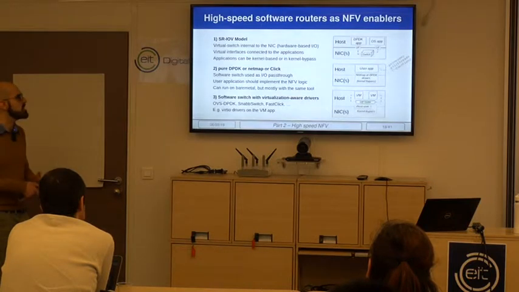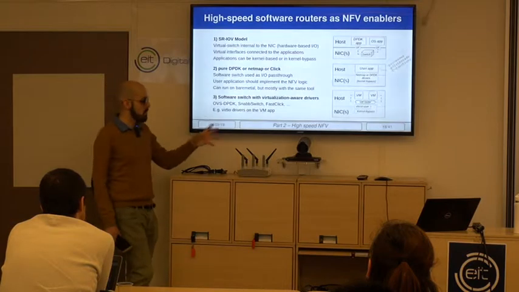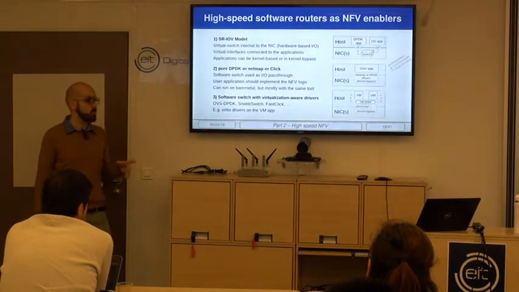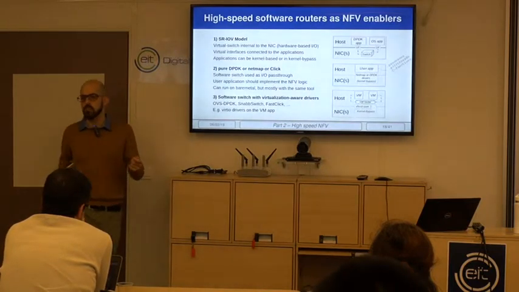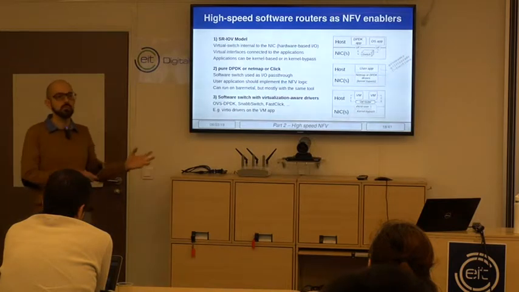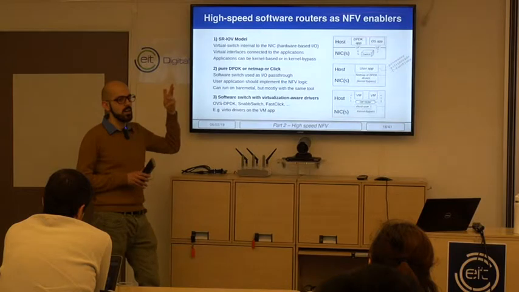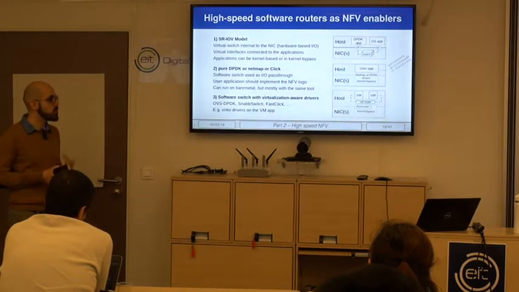One of these possibilities is to use an SR-IOV model, that is NICs, so network interface cards, are built with an internal switch that can be used to connect different applications, and each application is a virtual network function. But this is still a hardware solution, because we are using the resources provided by the NIC.